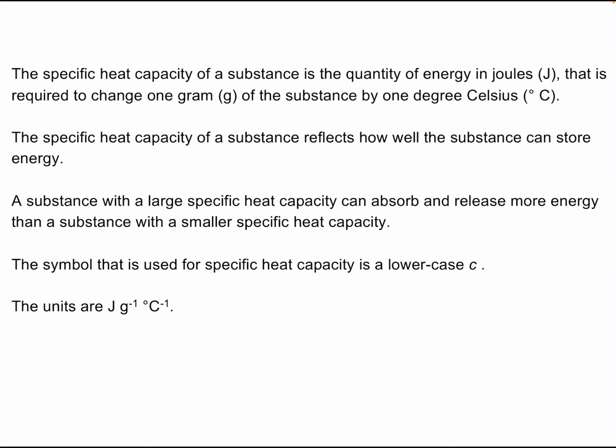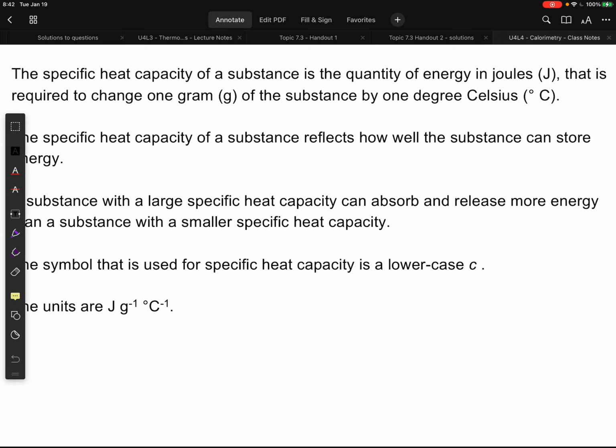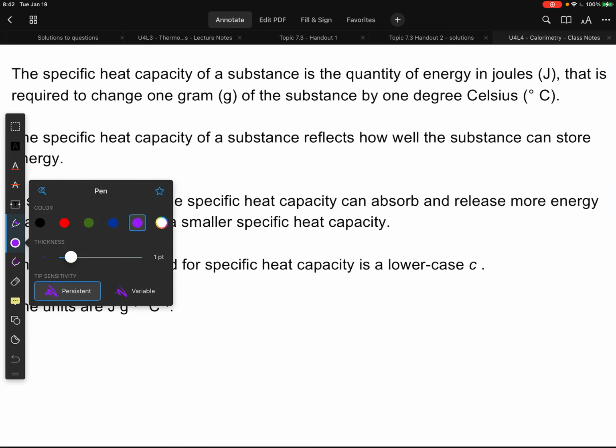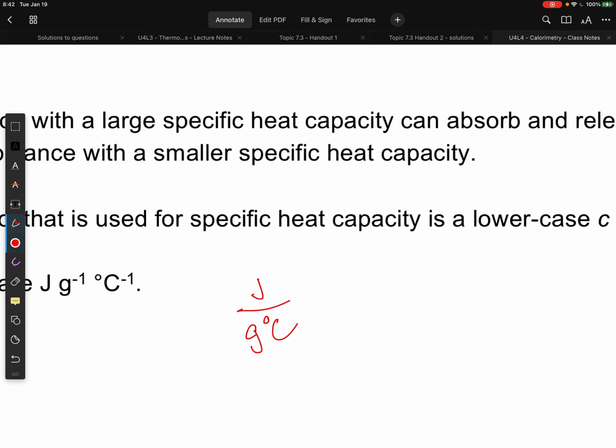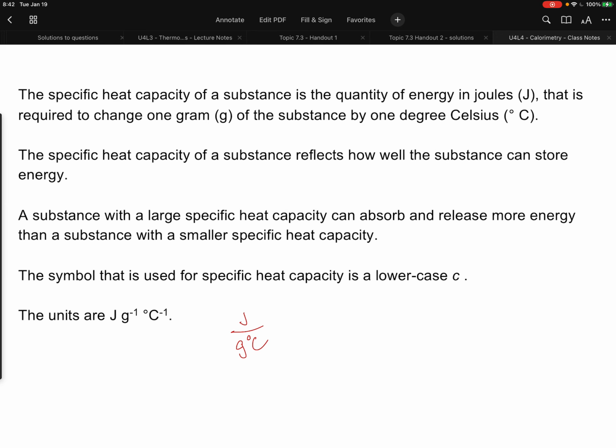So we use the symbol C for specific heat capacity. That is our variable. And the units for specific heat capacity are the joule per gram per degree Celsius. Okay, and that would look like this, as you will see later. Okay, there you go.